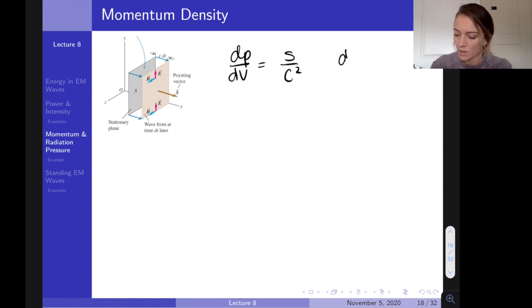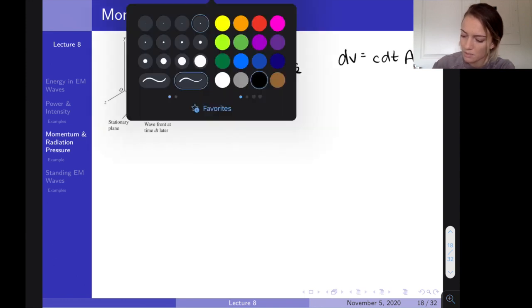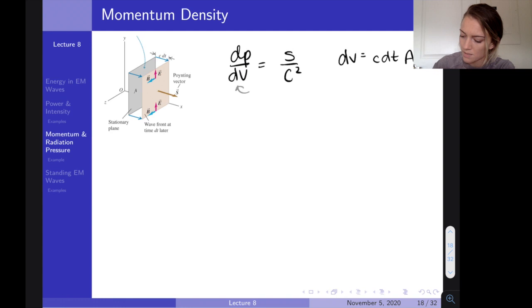We're going to replace dV by c dt times the area A again. So I'm just replacing dV with c dt times A. That will give me 1 over c times A, dp/dt, is equal to S over c squared.